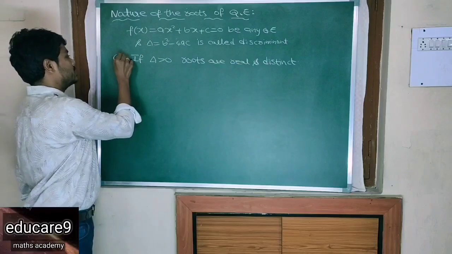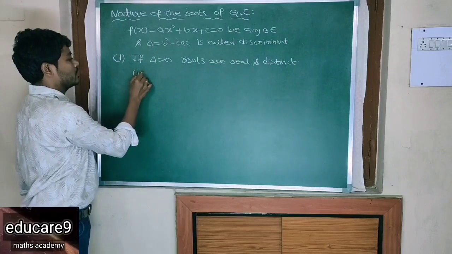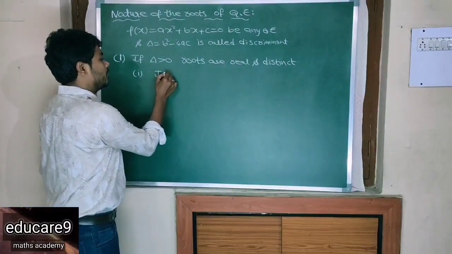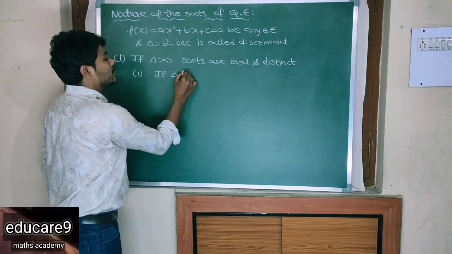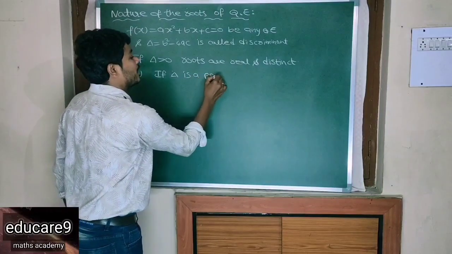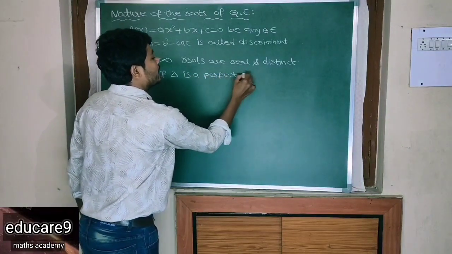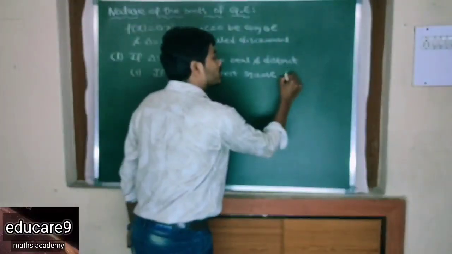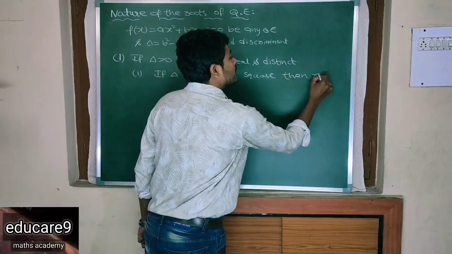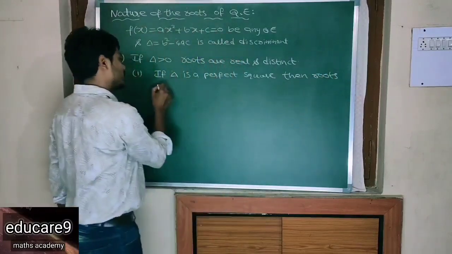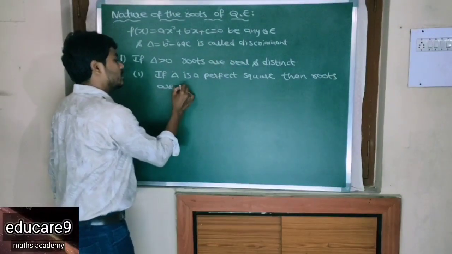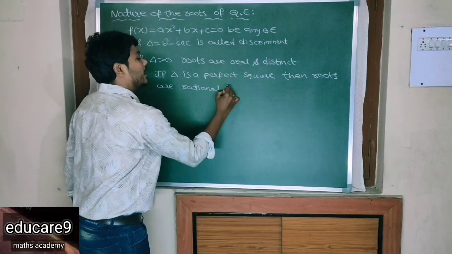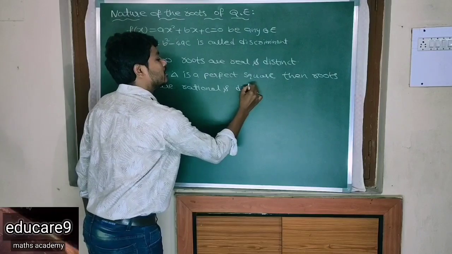First one is, if delta is a perfect square, then roots are rational and distinct.